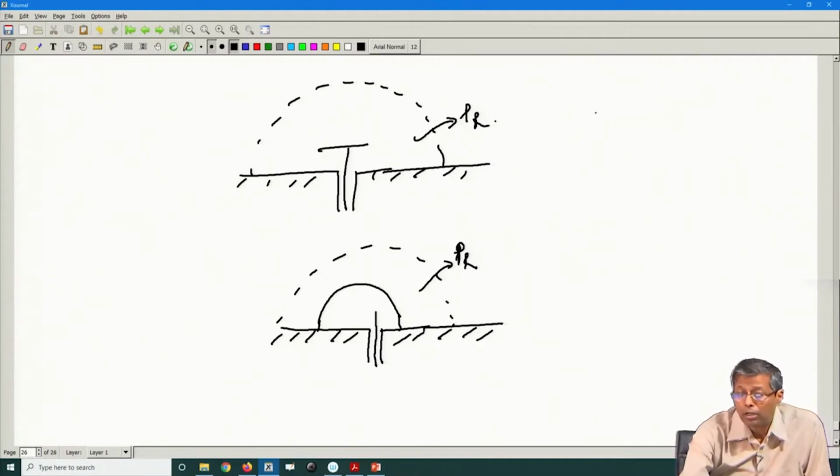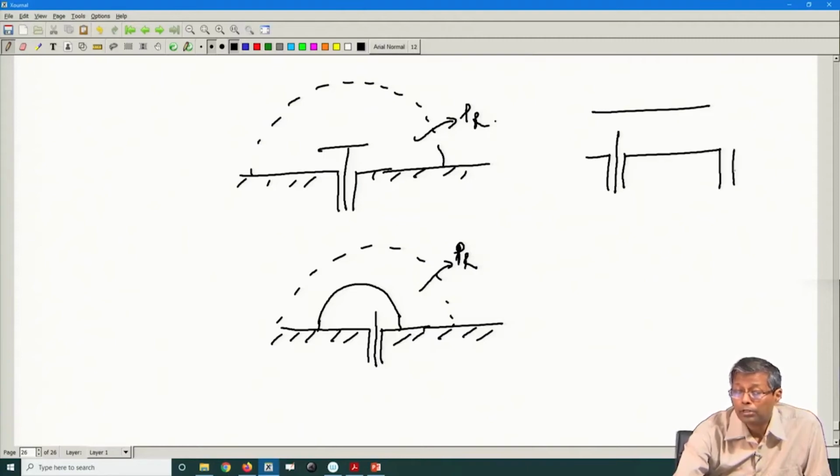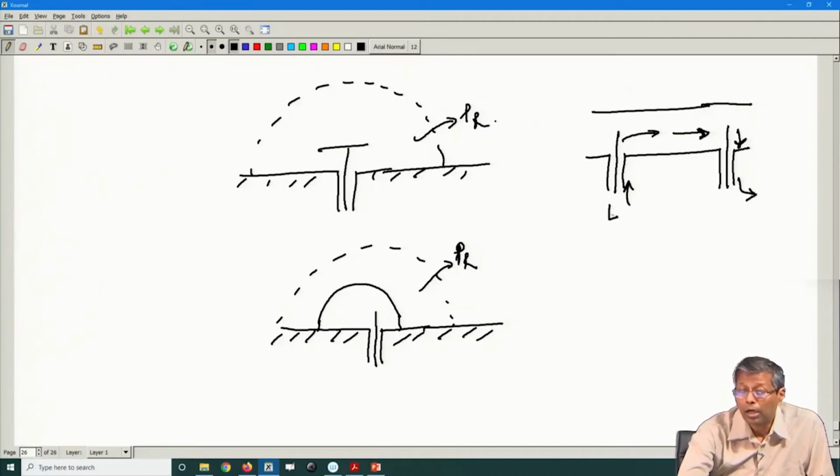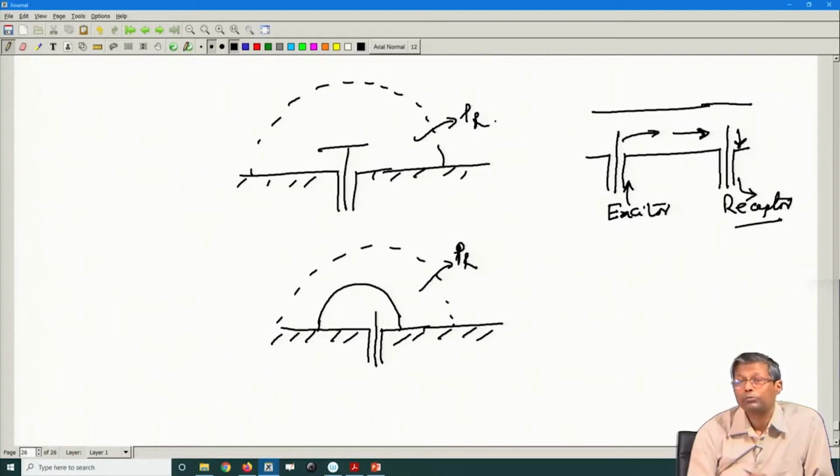In a waveguide scenario, for instance, I am exciting a mode in a waveguide and I have a receptor here. I am collecting the power here. So, the power is travelling down and this is listening to this wave. So, the electromagnetic energy is coupled here. This is the exciter and this is the receptor, or the receiver.